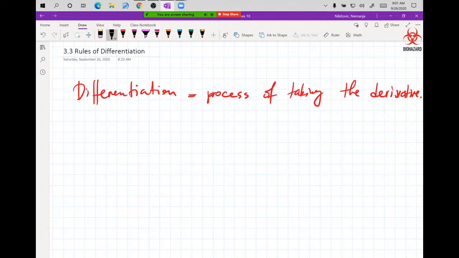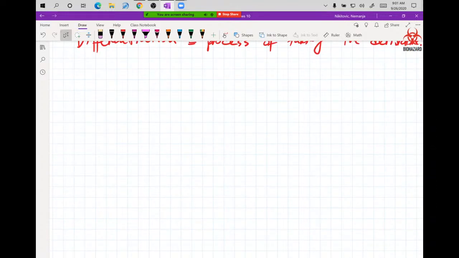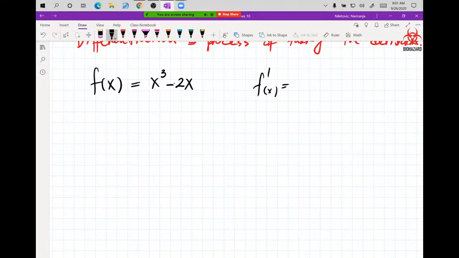And if you look at what we had before, when you had your function, let's say f of x is x cubed minus 2x, we had to use the difference quotient formula: the limit as h goes to 0 of f of x plus h minus f of x over h.